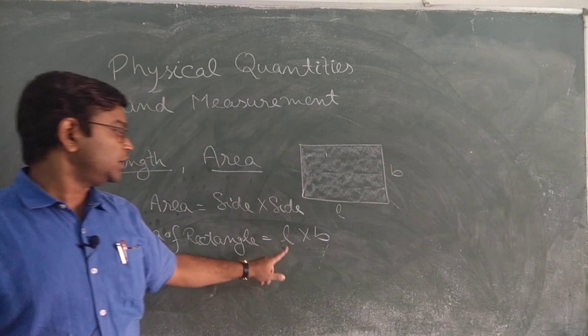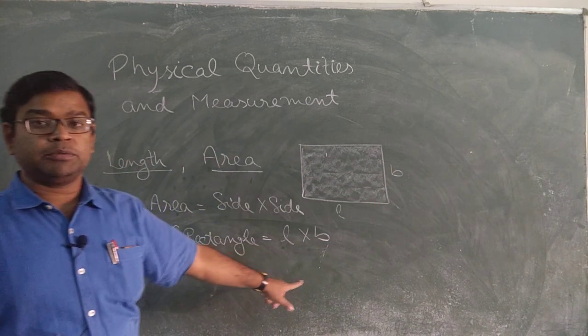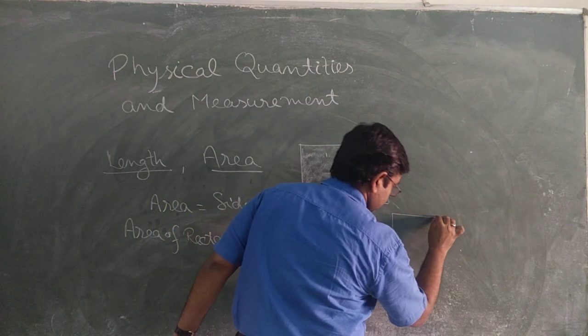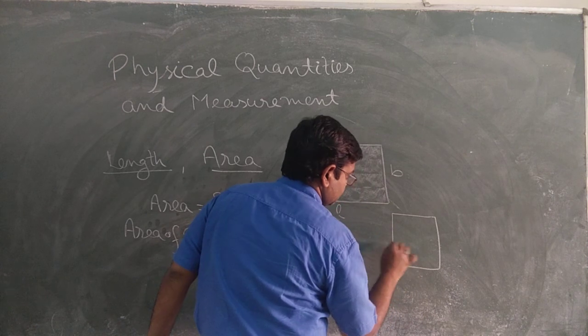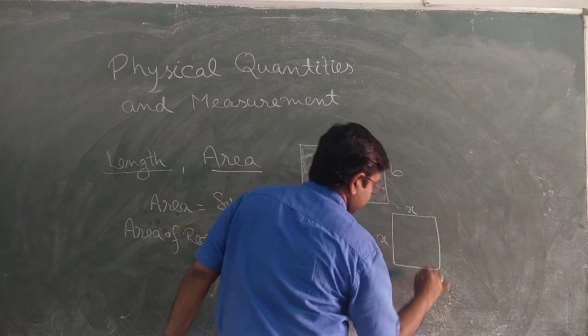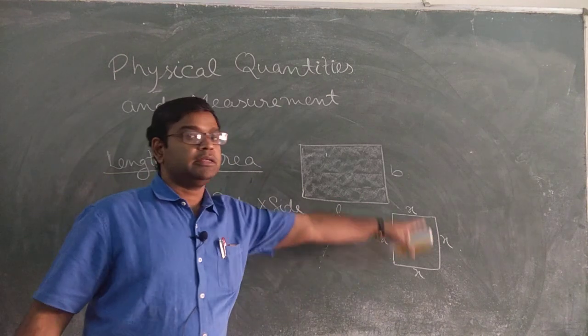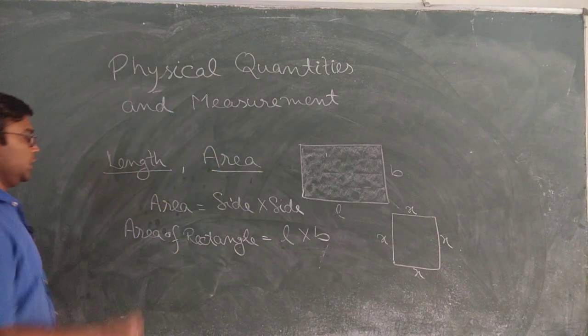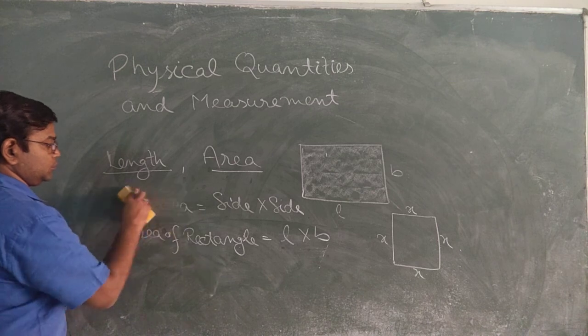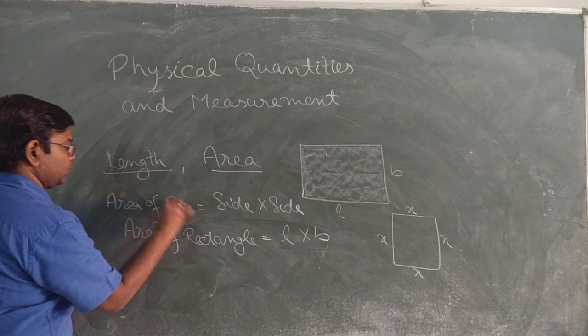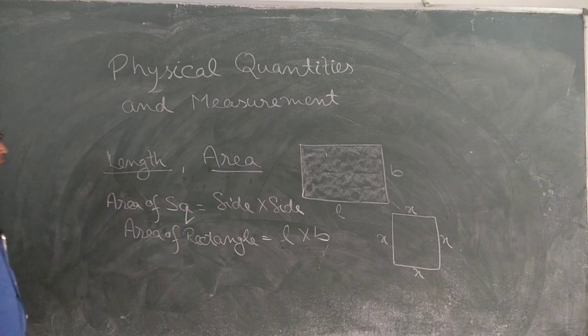So in this case we multiply L into B. In the case of a square, all the sides are equal, so we multiply side square. This is the area of a square. Hope this one is clear to you.